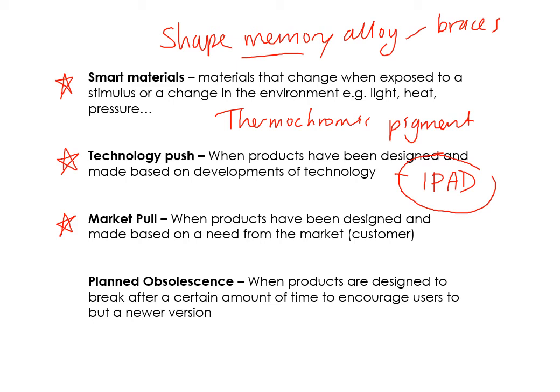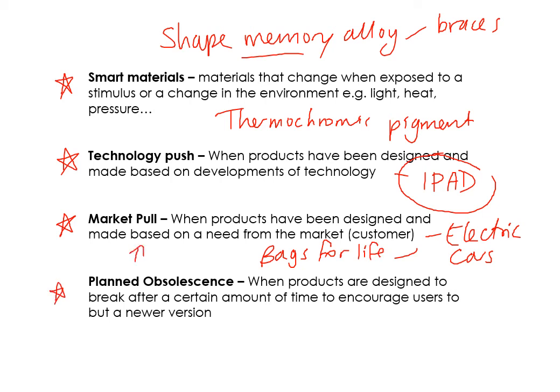Now, market pull, that's when products have been designed and made based on a customer actually wanting it, so a demand from customers. So things like electric cars, you can kind of argue either way, but electric cars are a good example. Bags for life. Things to do with sustainability tend to be market pull, okay?